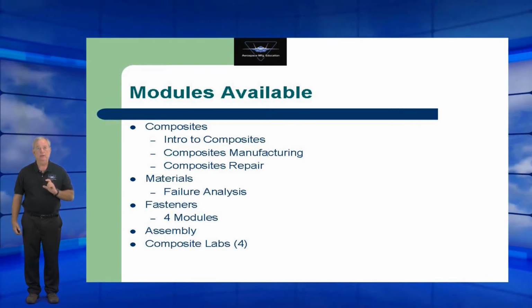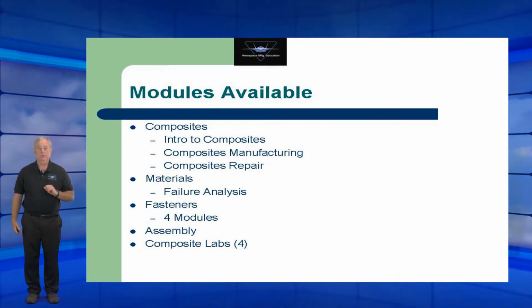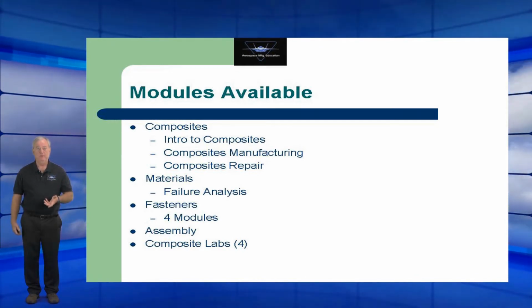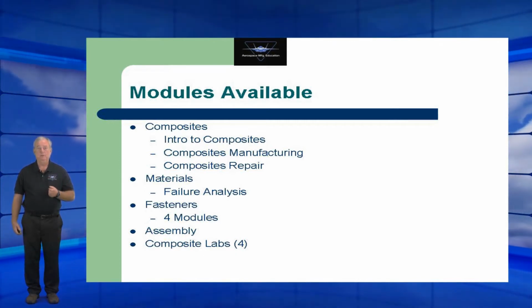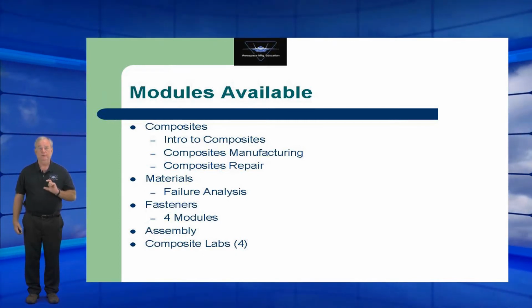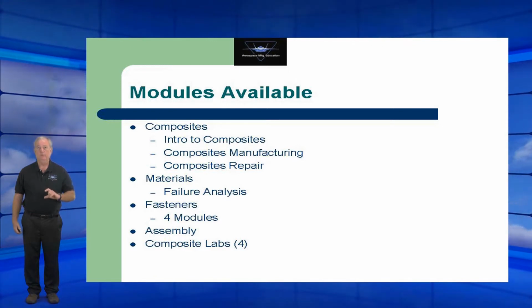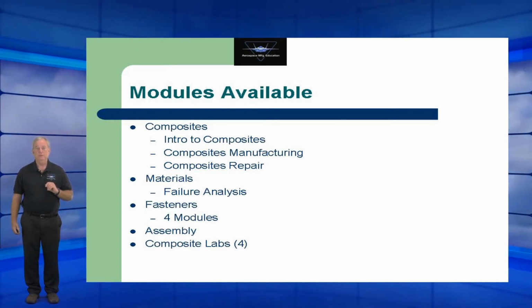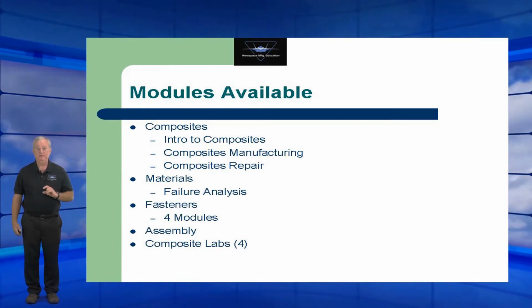Right now we have a series of composites modules available: an introduction to composites, a composites manufacturing module, and a composites repair module. We also have a series on materials, and one of those is failure analysis. We have some other materials modules in the works that will be available in 2012. We have 4 fastener modules.